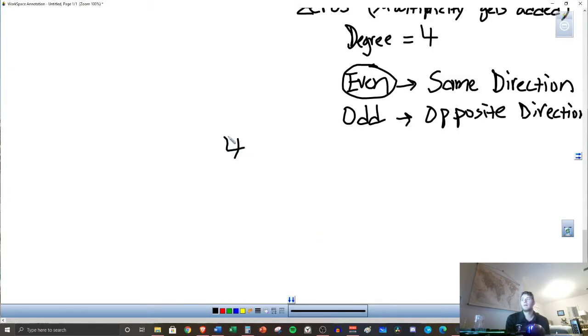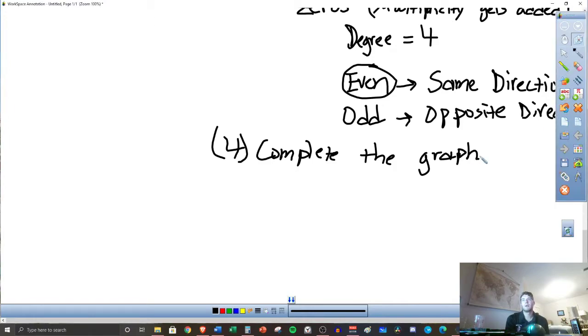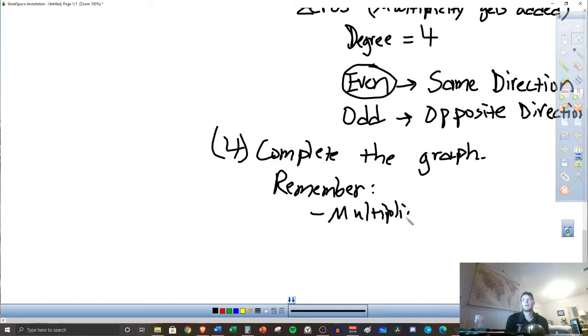So step 4 is complete the graph. That's really the step, completing the graph. Okay. And remember, multiplicity, which just touches the graph.